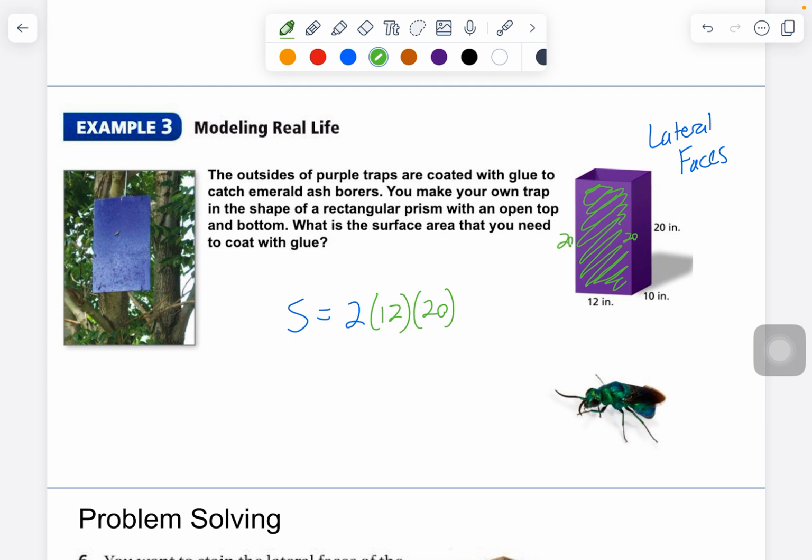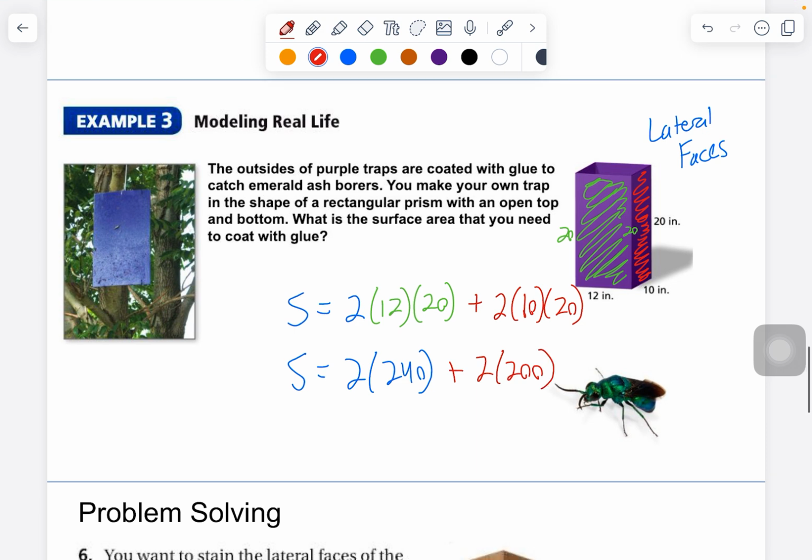And then I'm going to add that, let's do in red, to this side, left and right side, 10 by 20. But I got 2 of them. So my surface area is going to be, let's see, 2 times, what's that, 240? Plus 2 times 200, which is going to be 400.